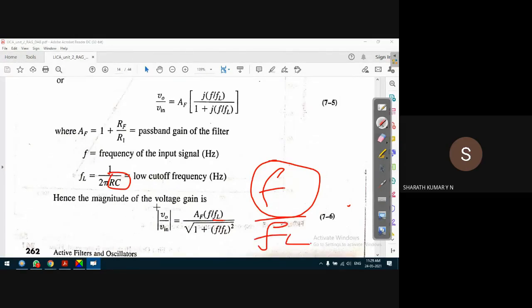So the gain of the filter is a fixed value until this F, the input frequency, increases, because R and C are fixed quantities.